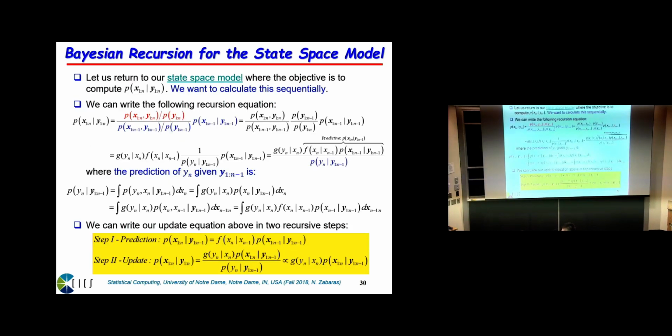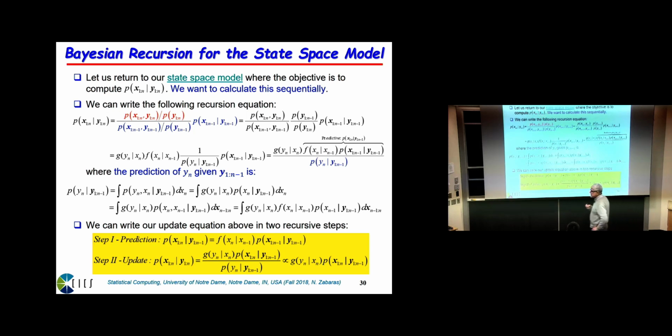All right, does this look complicated already? All right, so let's return to the problem at hand. We want to be able to compute this posterior of x 1 to n given the data y 1 to n.